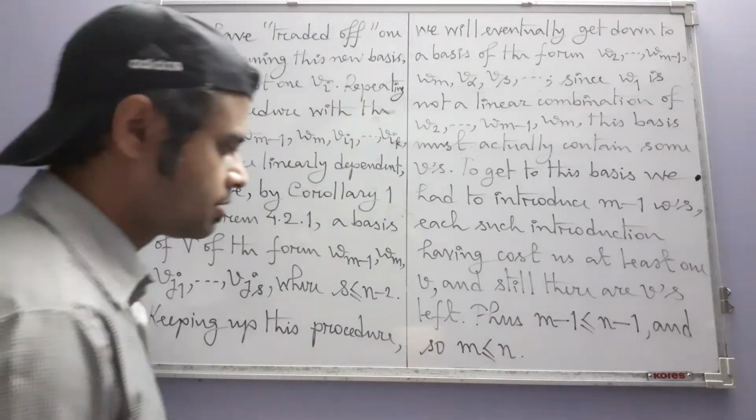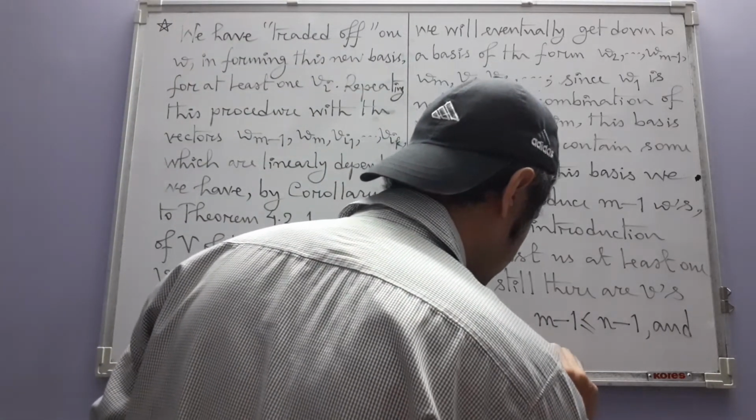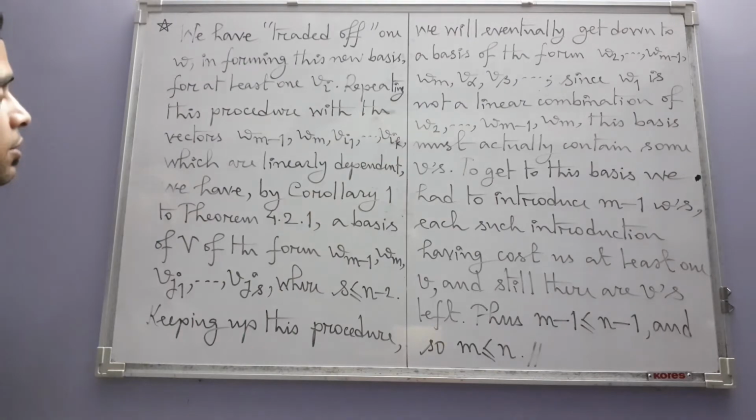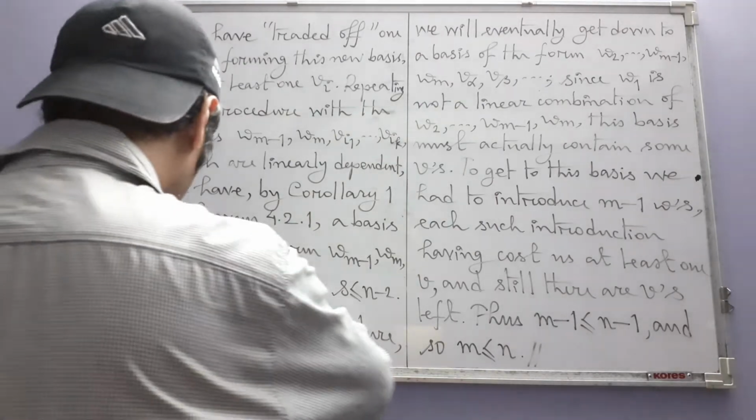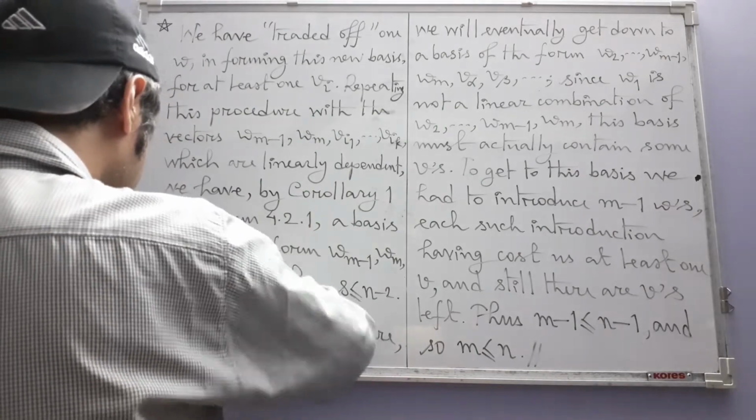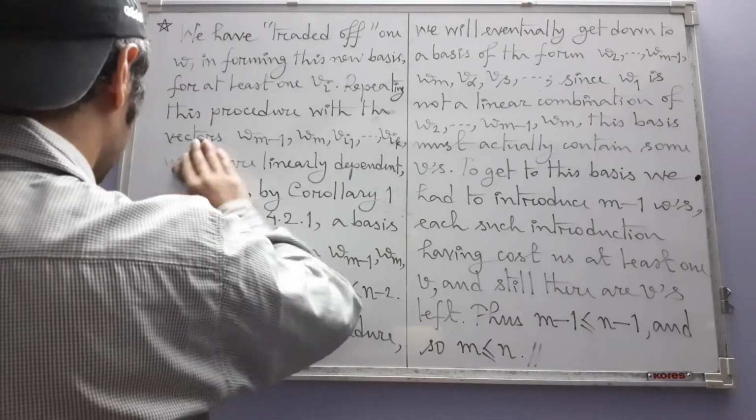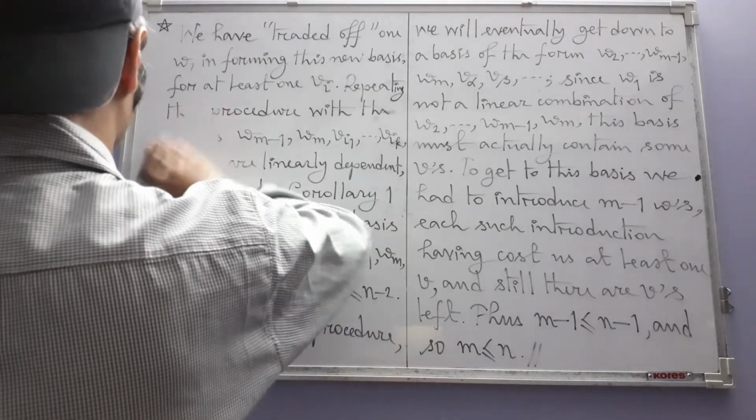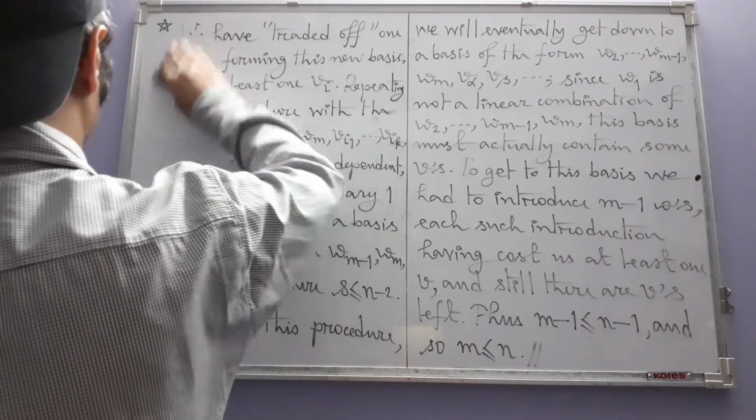So this completes the proof. And this result will now allow us to define the dimension of a vector space, of a finite dimensional vector space.